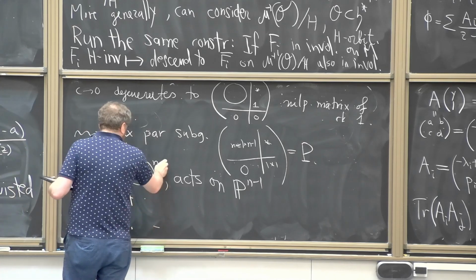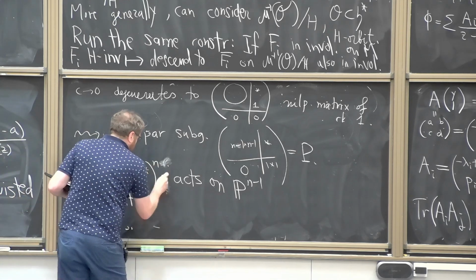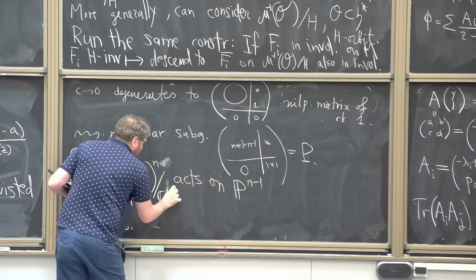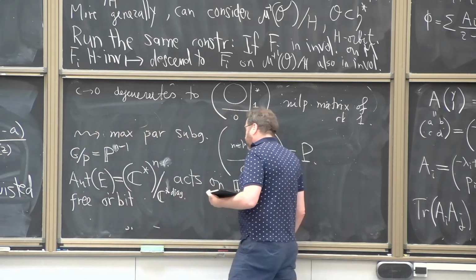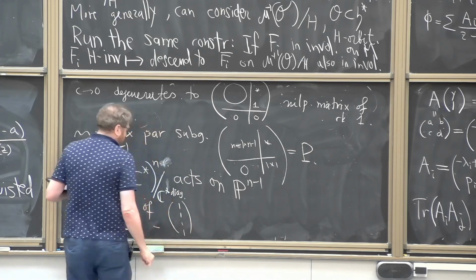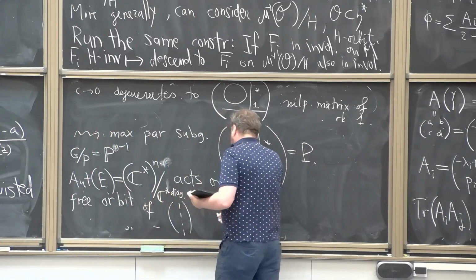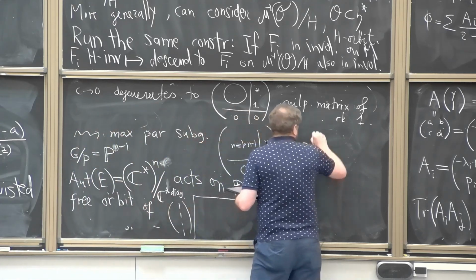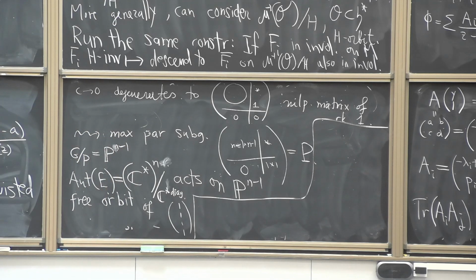Well, no, well, it's a PGL. So I have a PGL_n. So that means it's that. Well, okay, so there is a free orbit of the vector where all entries are non-zero, and then I can make all of them 1. So that's the parabolic structure I should use. And then the coordinates on my moduli space are going to be these A's.